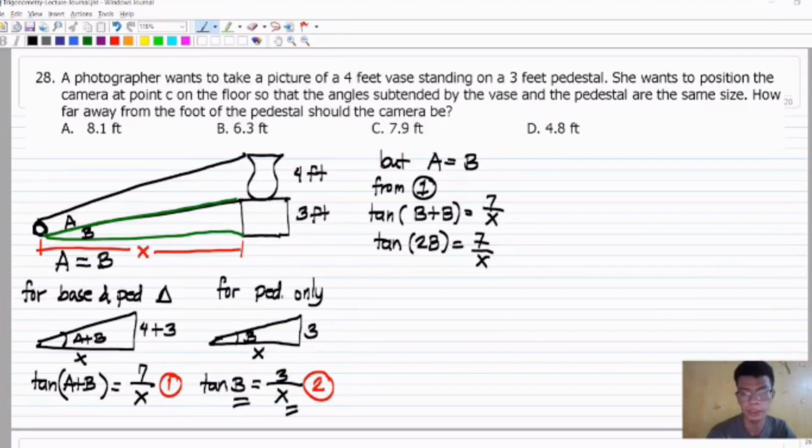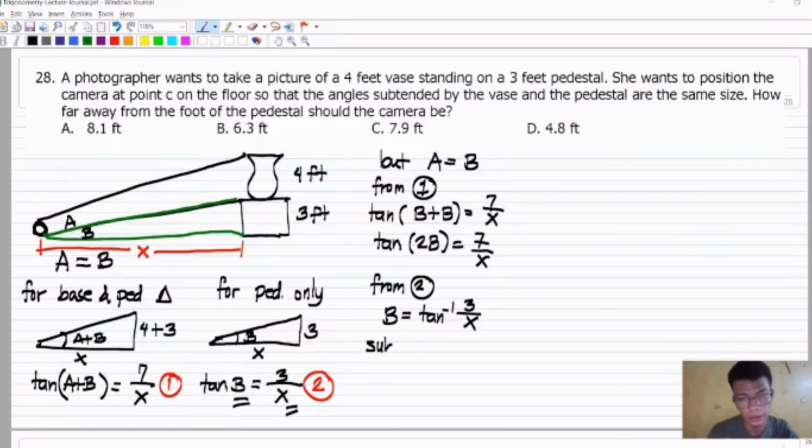So, next, ano pa ang pwede natin gawin dito? Try natin na from equation number 2, di ba pwede tayo mag-solve ng angle B in terms of x. Di ba kukunin lang natin yung arctangent ng kabila, may iwan na si B. So therefore, the value of B is the arctangent of 3 over x.